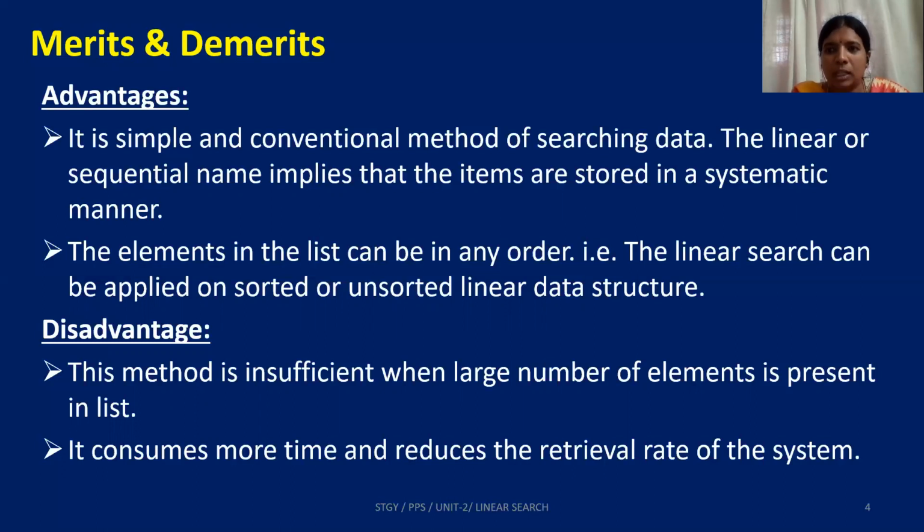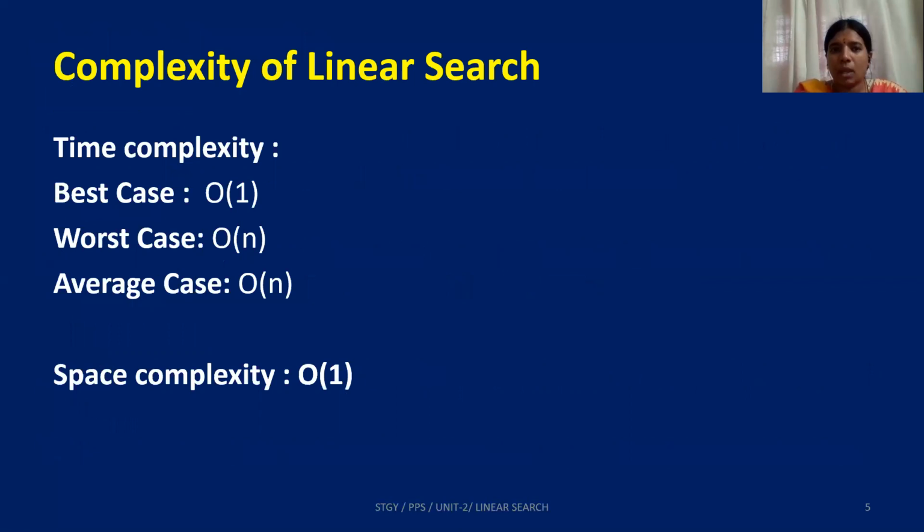It consumes more time and takes a lot of computational resources when the list is pretty large. Also, when the elements are very large and it is not predictable where the elements are, it takes more time. What's the complexity of linear search?